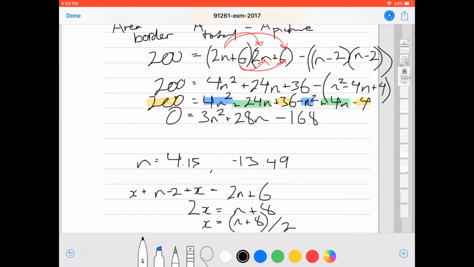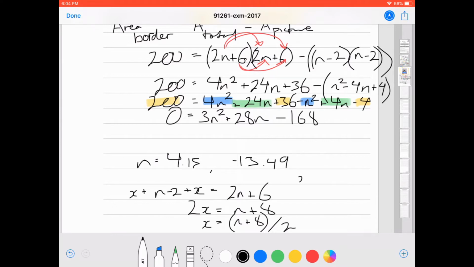So we can substitute for our value for n. Now n is going to be this positive value, so not negative 13.49, but 4.15, remembering that we are working with side lengths here.